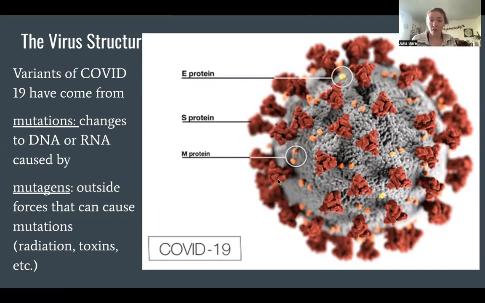But a virus doesn't have the ability to do that. So the environment, such as radiation or toxins or vaccines, can cause the virus to mutate very quickly. And this is where so many of the variants have come from.